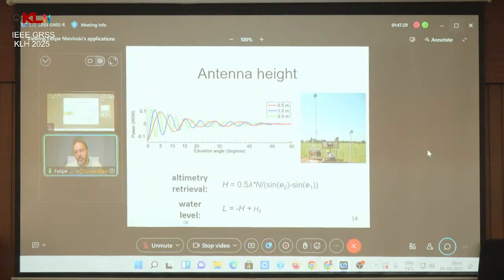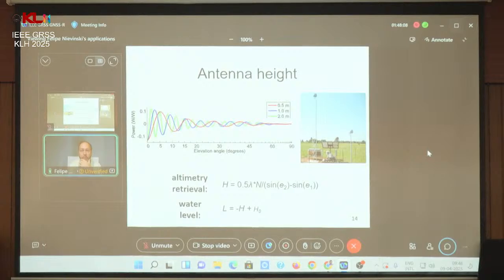For this particular configuration, you have an antenna on maybe a 5-meter monument over ground, so the antenna height is not supposed to change. But if you have the same monument overseeing the sea surface, and you have tides, then the antenna height above the reflecting surface will change, not because the antenna is going up or down, but because the surface is going down or up.